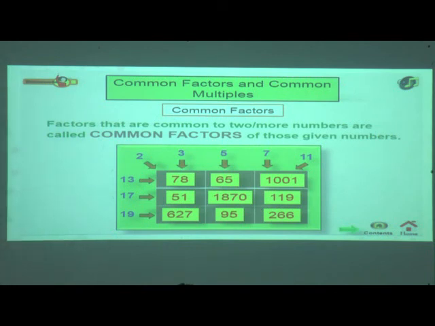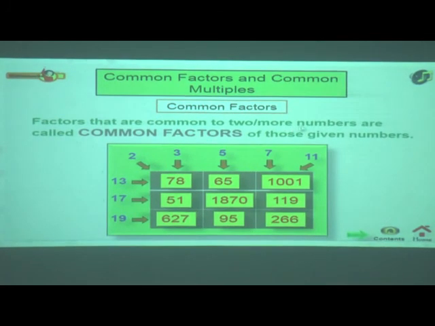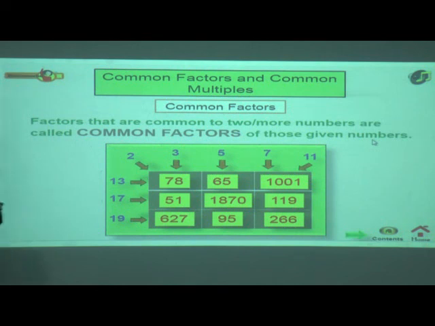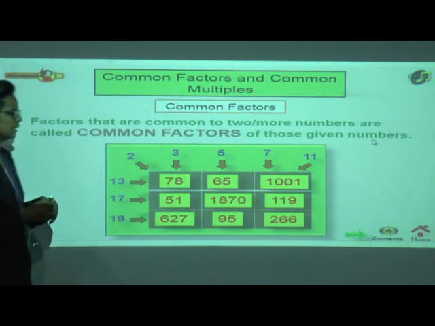Factors that are common to two or more numbers are called common factors of those given numbers. For example, let us take the number 78.